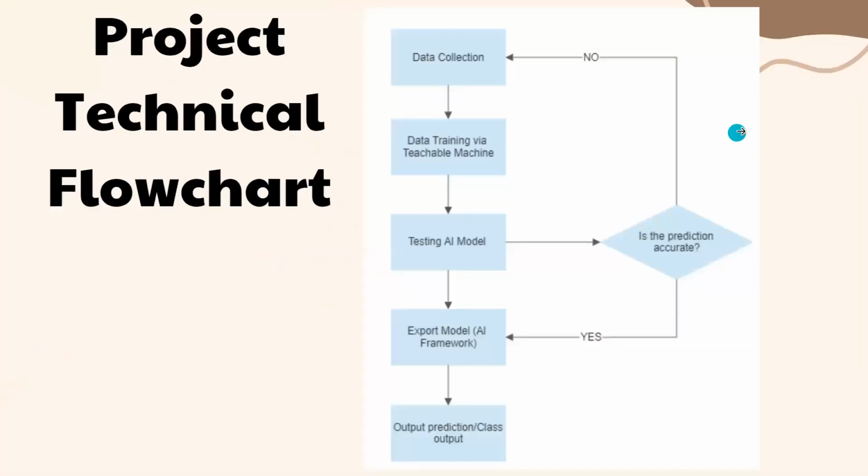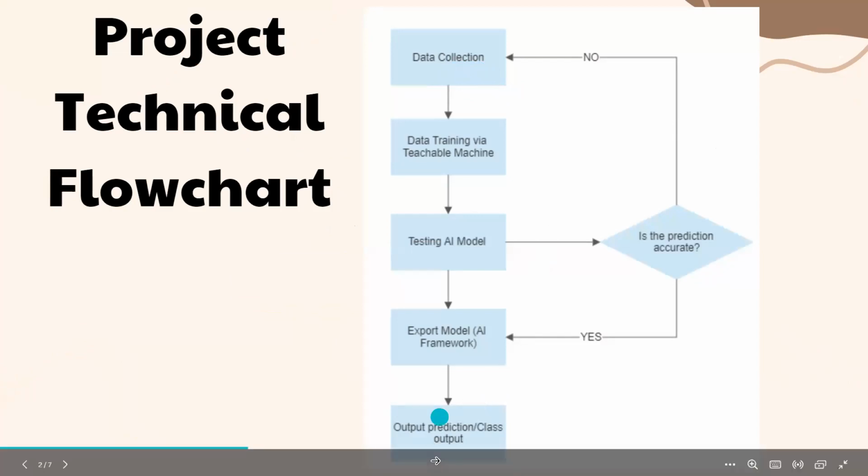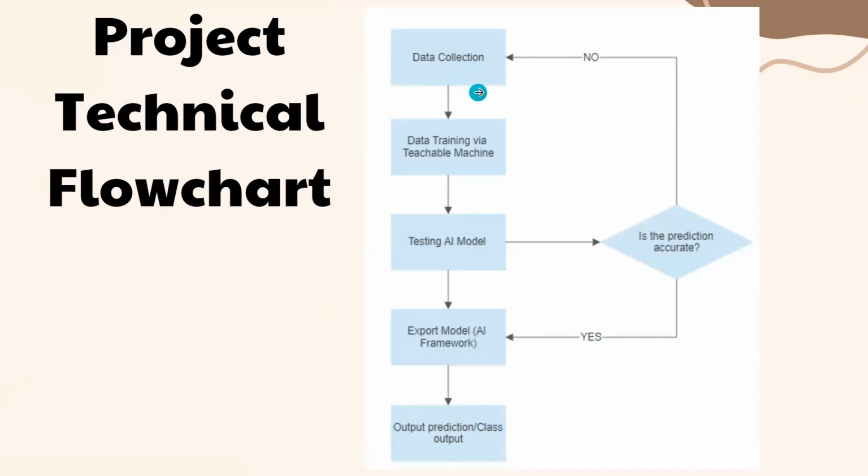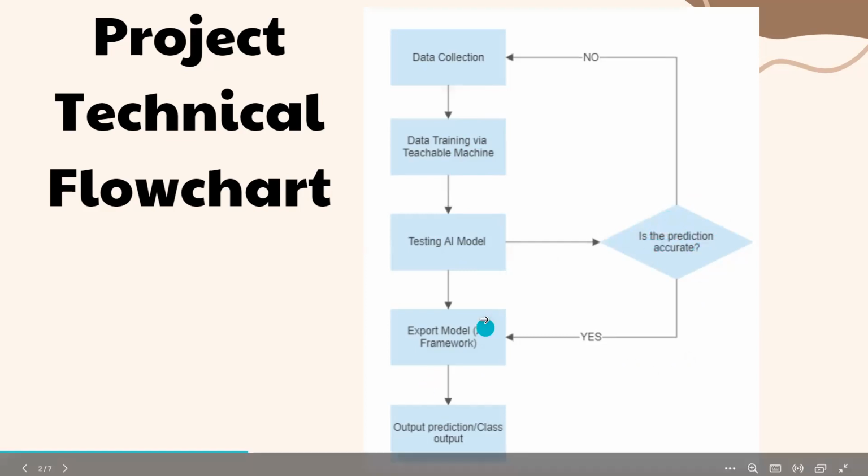So here is our project technical flowchart. Firstly, these are the processes that we have undertaken to ensure the output of our project. Firstly, we do data collection. After that, we will do data training via Teachable Machine. Then after we finish training it, we will test our AI model to see whether its prediction is accurate or not. If it is accurate, above 75%, we will then continue to export our model.